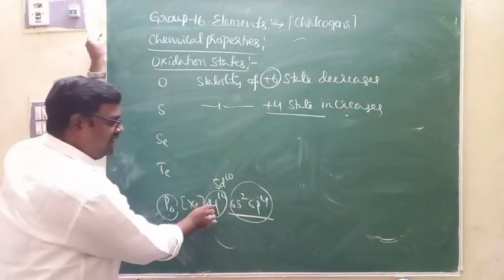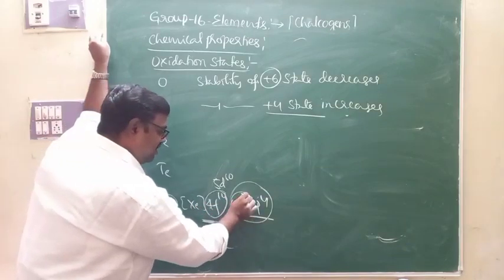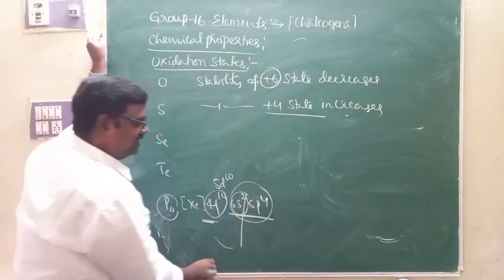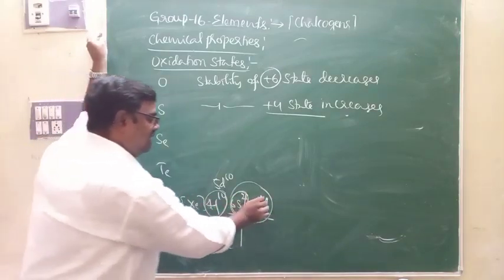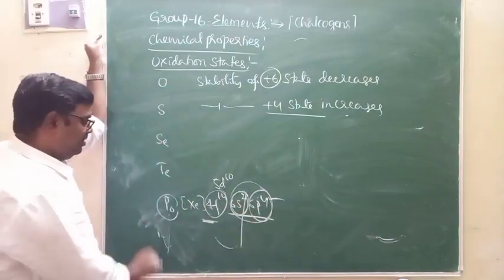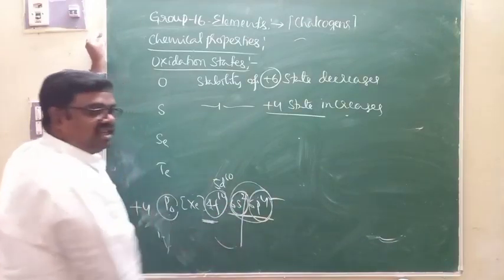Because of that, ಏನಾಗುತ್ತೆ, these s electrons become chemically inert, ಅಂದ್ರೆ they cannot be easily removed. ಹಾಗಾಗಿ polonium can lose only 4 electrons. Therefore polonium can exhibit +4 but not +6.